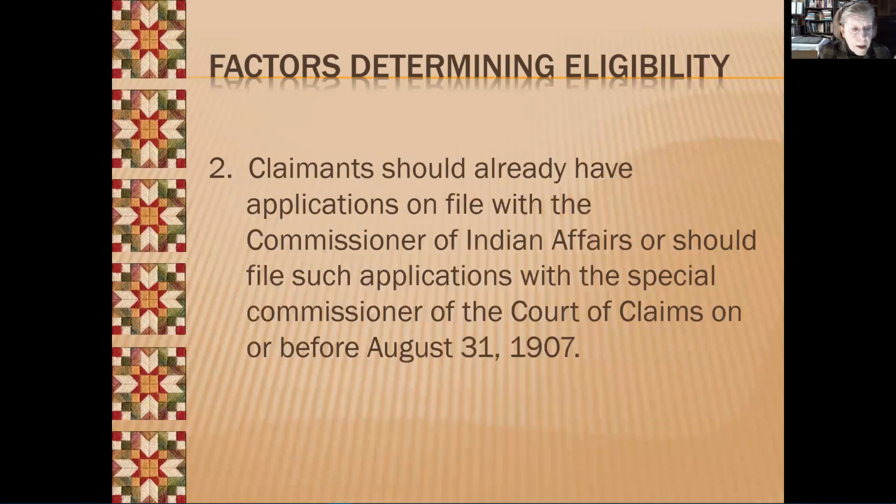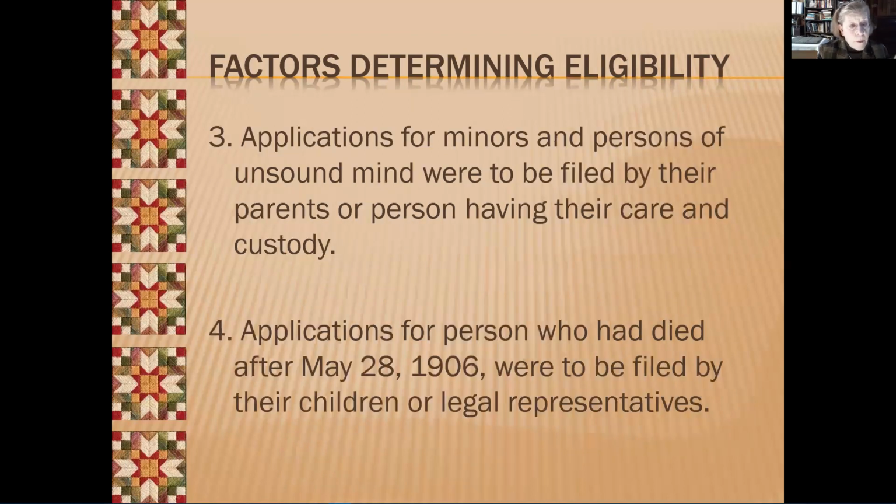You had to have your application in so that you could be approved. And if you were a minor, someone had to fill out an application for you or include you on their application. And those who had passed after 1906 had to be filed for by their children or legal representative.